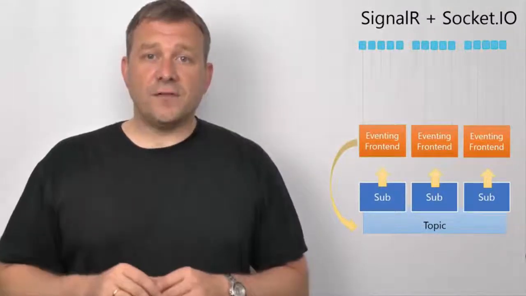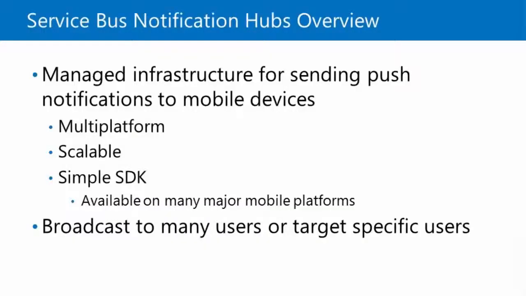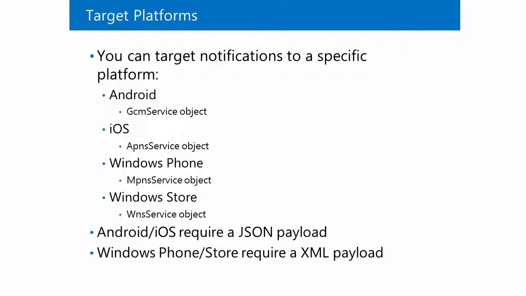And then we also have built into Service Bus a feature called the notification hubs. If you use or plan to use the notification facilities, tiles and toasts or alerts and badges in the Apple iOS infrastructure, or on Google's Android through Google Cloud Messaging, or in Windows or Windows Phone, if you want to use any of these notification facilities that the operating system shells offer, we have a new infrastructure called the Notification Hub.